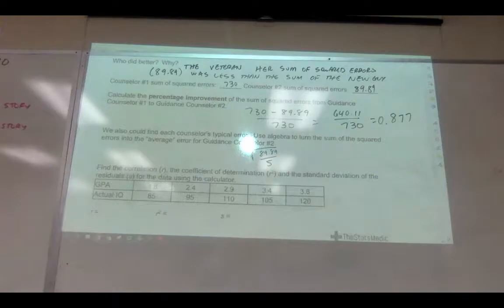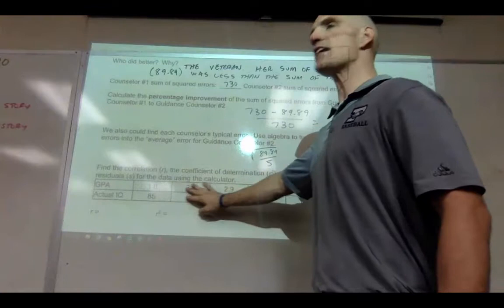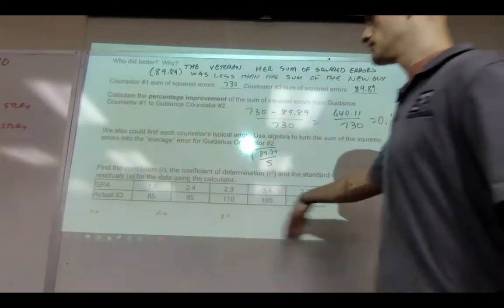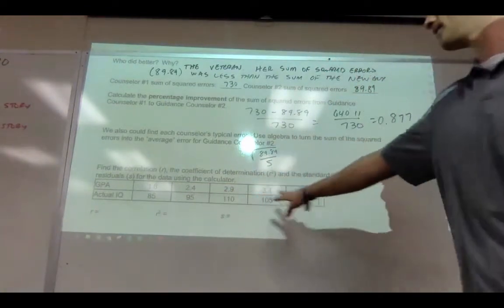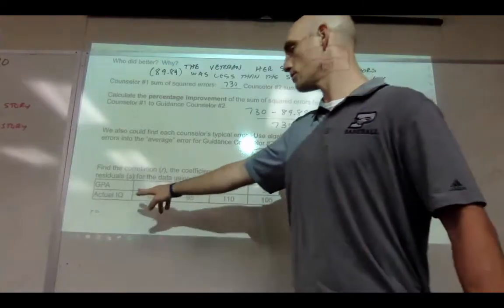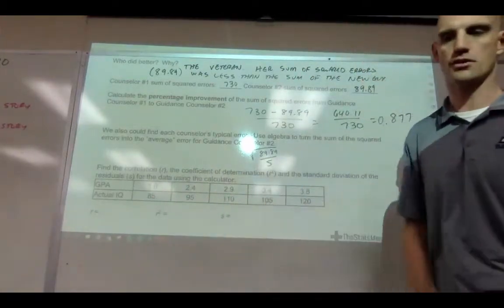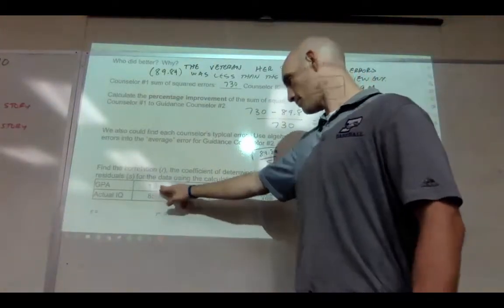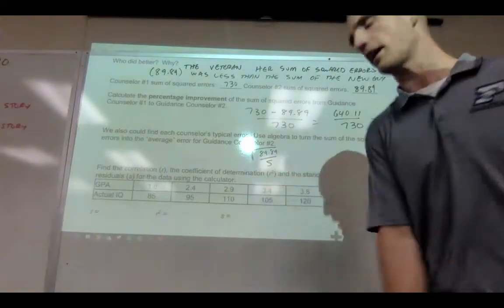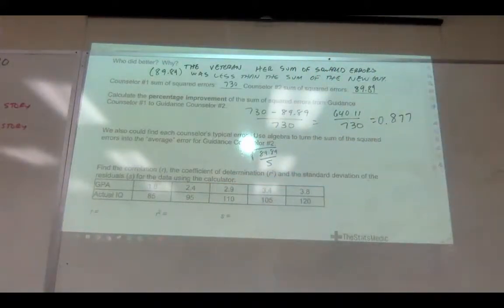I would like for you to actually do a correlation coefficient on this data. Okay? So let's actually run, find our correlation and that kind of thing. So you get your 2 lists together. I'm going to show you some statistics here. Put GPA into one list, put IQ into another, fill in these values. Let's see what we come up with.